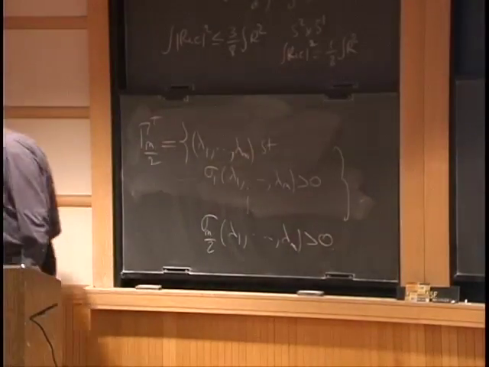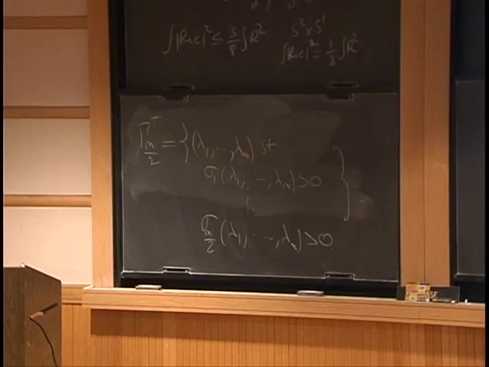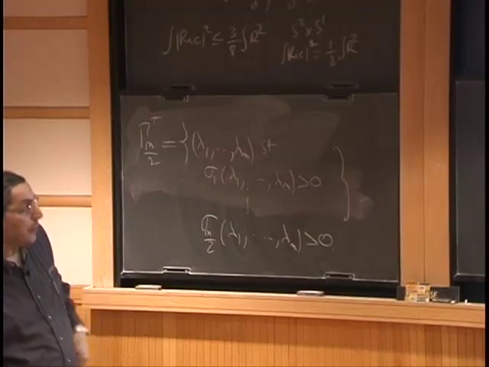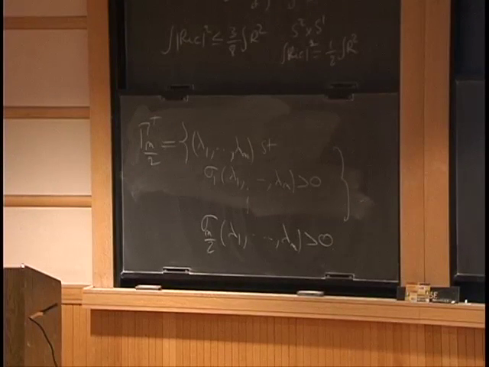So you assume that all the symmetric functions of the eigenvalues of A, T naught, are in this set. Okay? So under this assumption, you can prove that actually your manifold is diffeomorphic either to the sphere or the projective space.